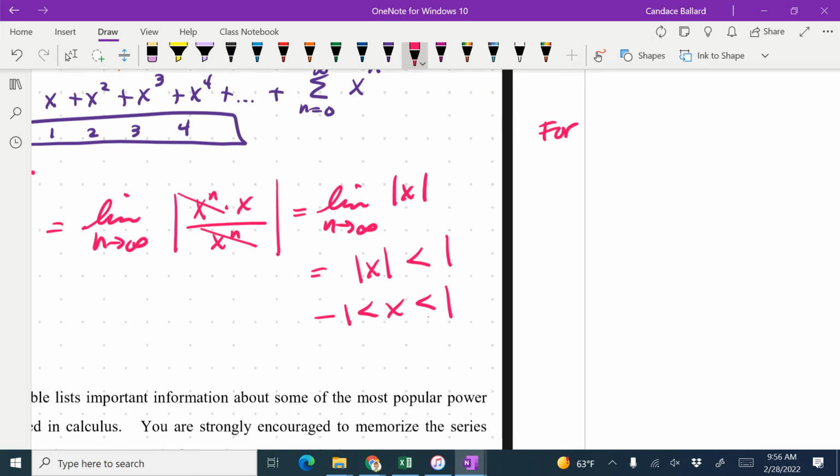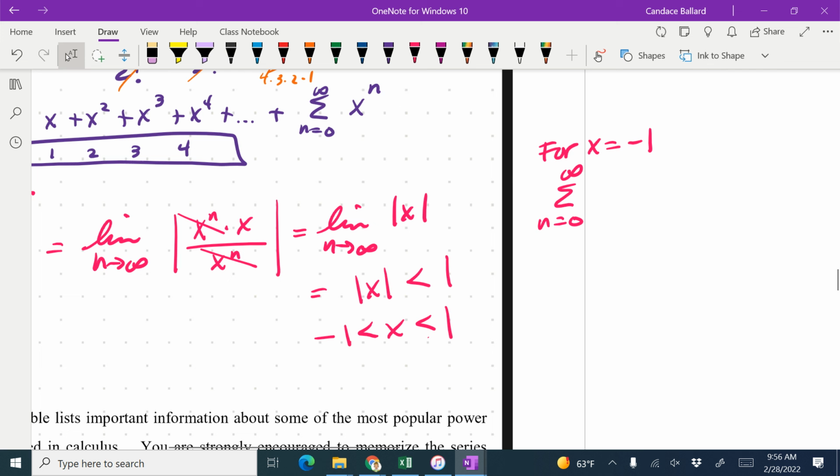So we're going to do x equals -1, and we're going to put it in the series, n equals 0 to infinity. We're shoving it into this guy right here, right? So it would be -1 to the n.